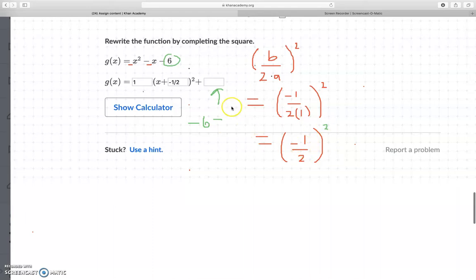Whatever this is. So if I were to square -1/2, it would be -1/2 times -1/2, which is negative times a negative is a positive, so it's 1 over 2 times 2 is 4. Okay, minus 1/4.